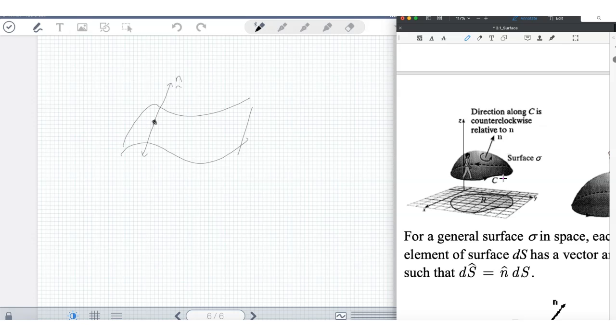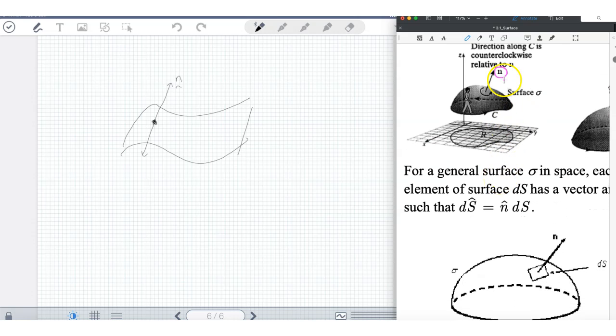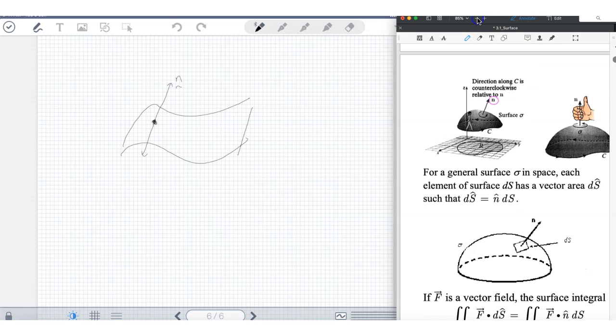The relationship between the surface integral and the line integral can be obtained in Stokes' theorem that we will discuss later on. You can see here the unit normal to the surface always points outward, and in this case the direction along C is counterclockwise.